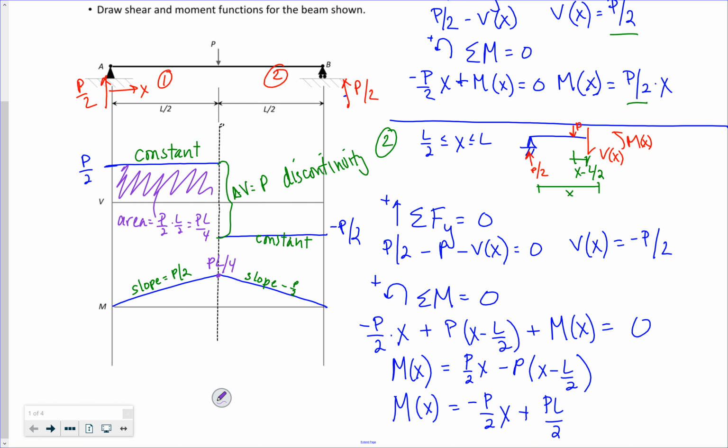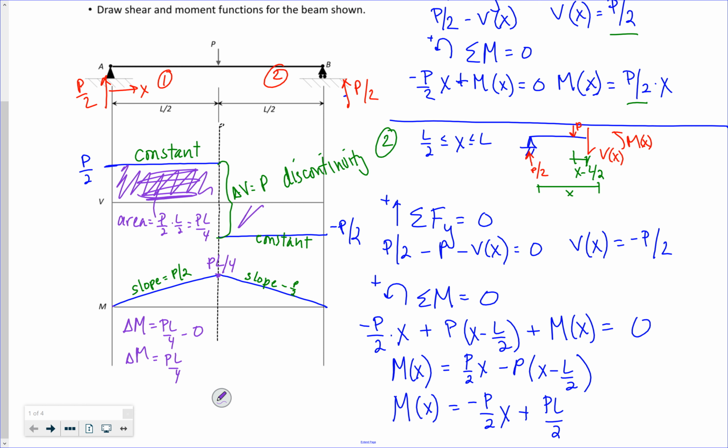And I go from 0 to PL over 4, so the change in moment is PL over 4 minus 0, right? So it's equal to this area.